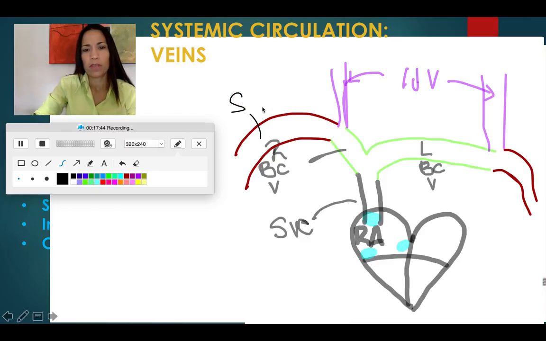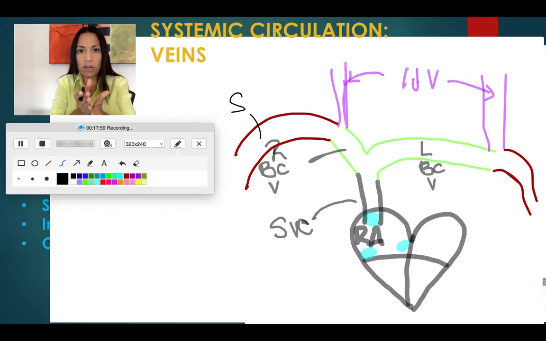Let's try to follow this. So we have two veins. I said arteries, veins, okay? We have two subclavian veins, right and left, and you know they're located right next to the subclavian artery. So you know pretty much its location, even though my super beautiful painting is not telling you that now.